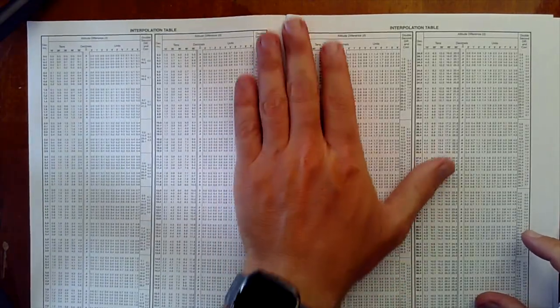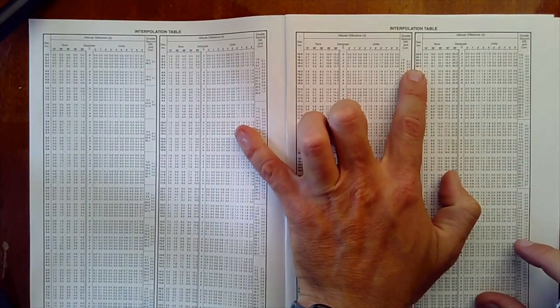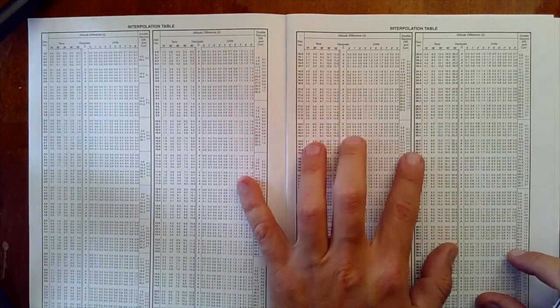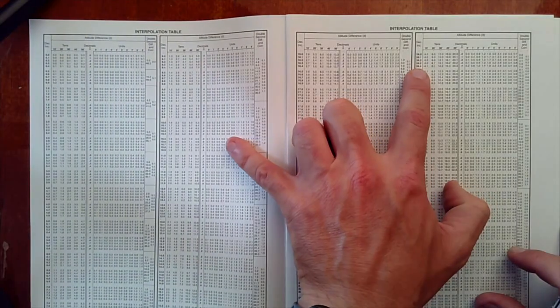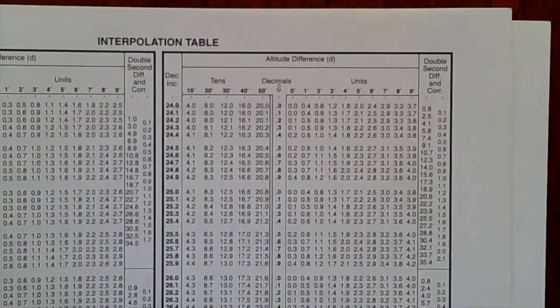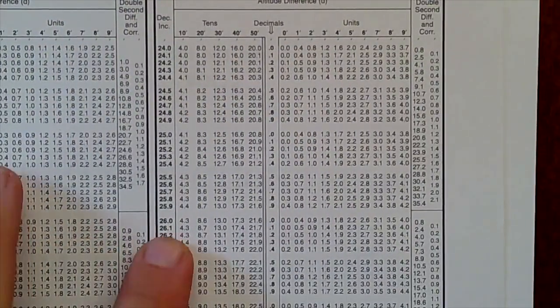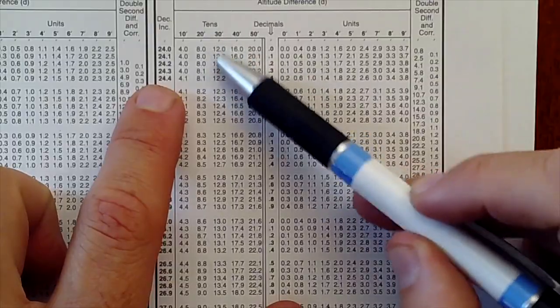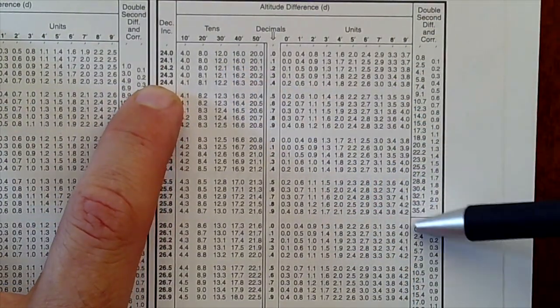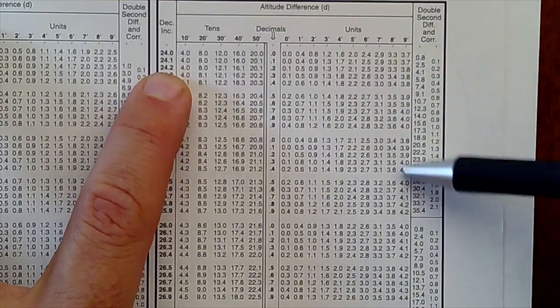All right, so the first thing would be to find the declination increment, which we said was 24.2. So here's 24.0, here's 24.2. So we'll zoom in a little bit. And what we'll end up doing is we'll stay in this vicinity. We're going to go over to the double second difference category, which is closest to the value that we've got in question.